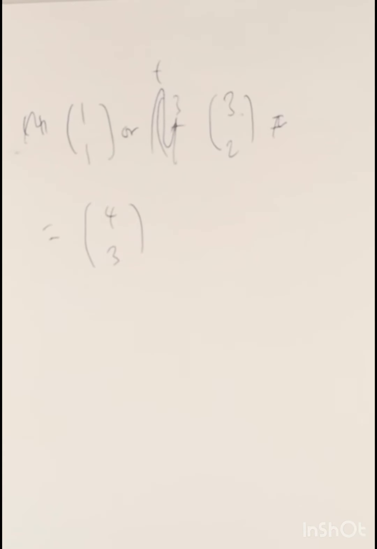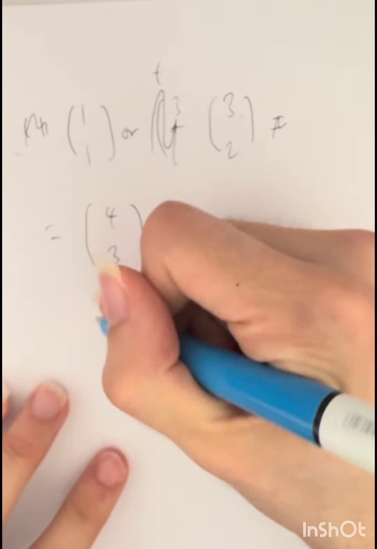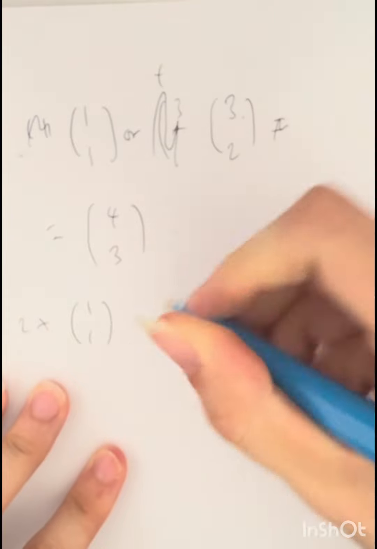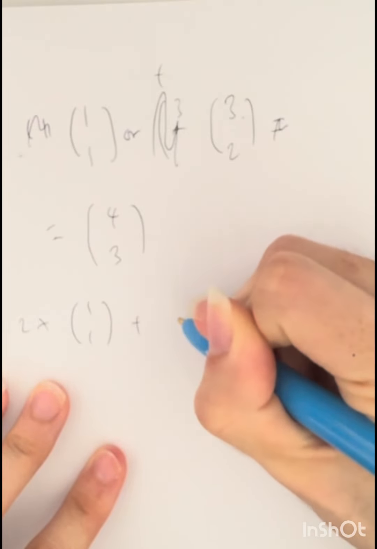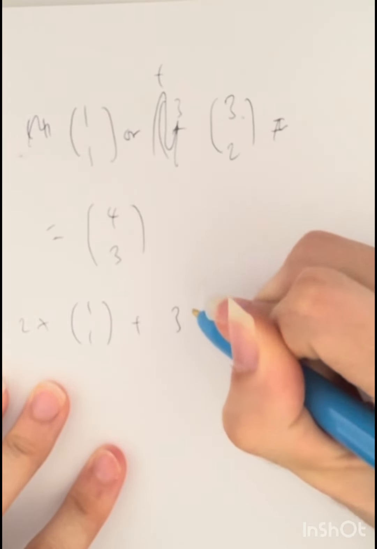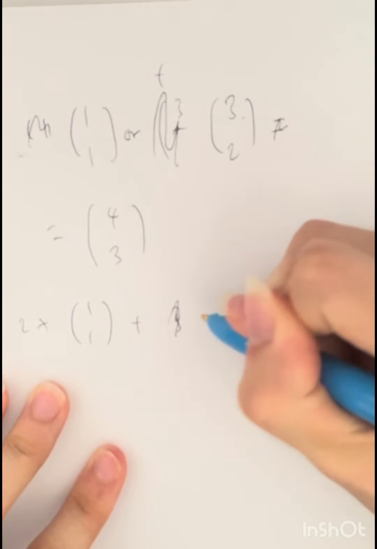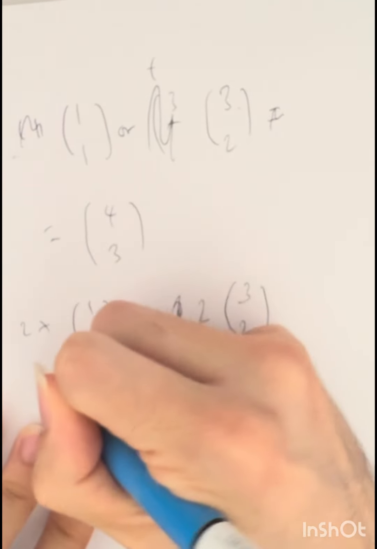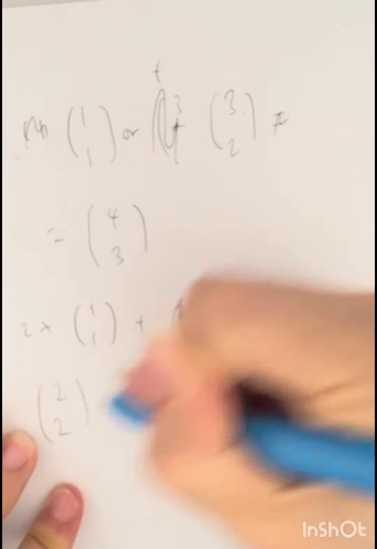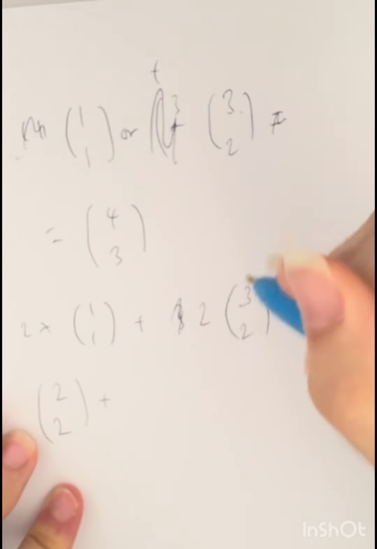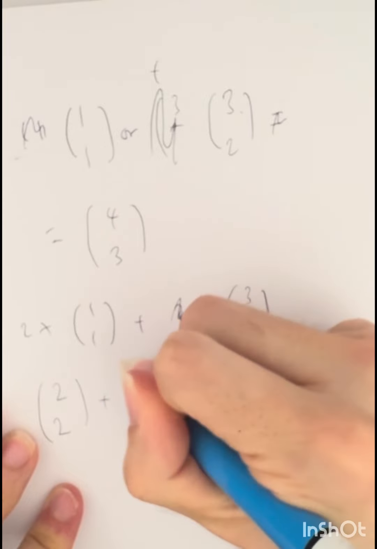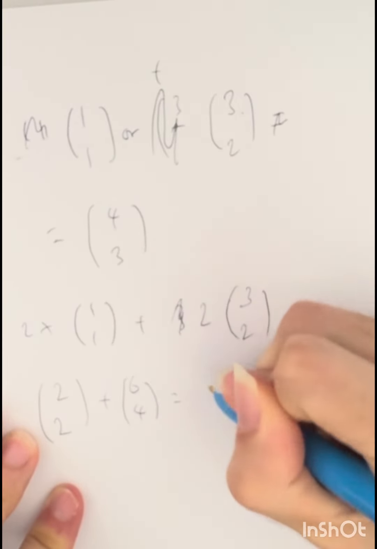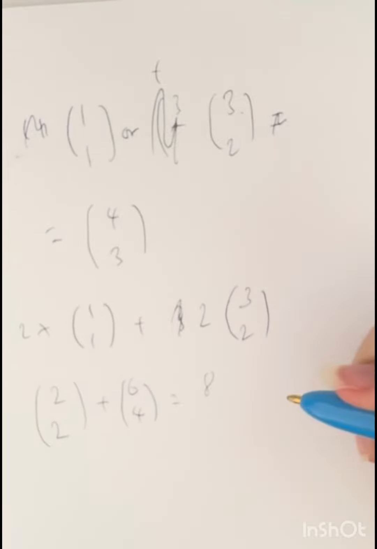So what we could do is we could have 2 times the vector (1, 1) plus 2 times the vector (3, 2). So that would give us (2, 2) plus (6, 4), and that equals (8, 6).